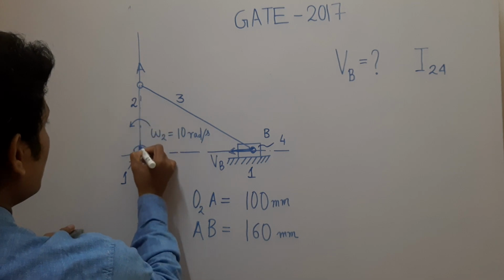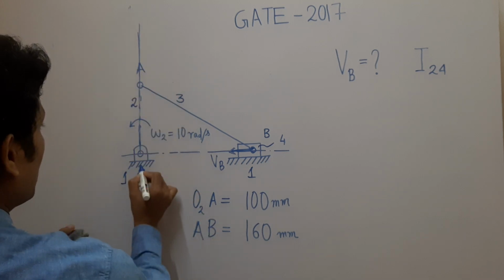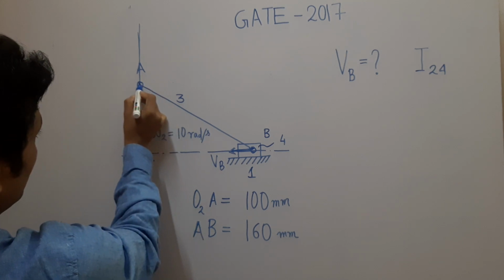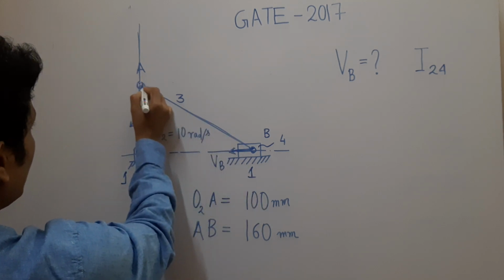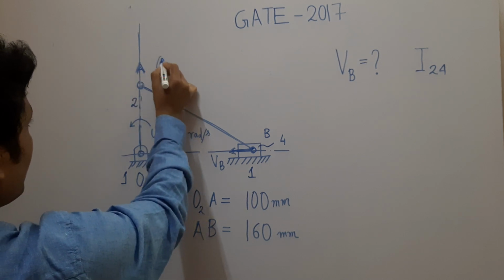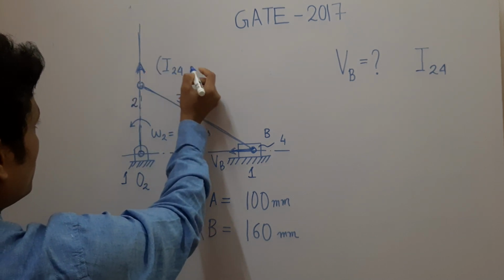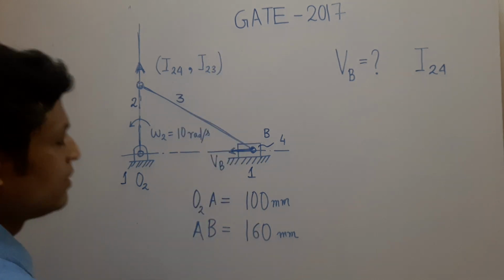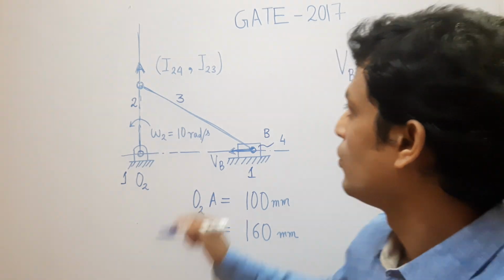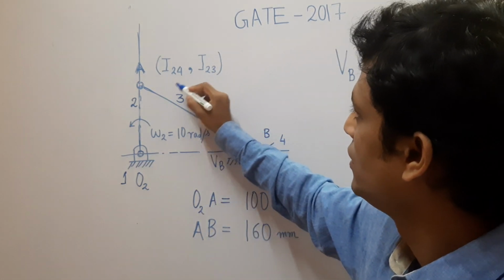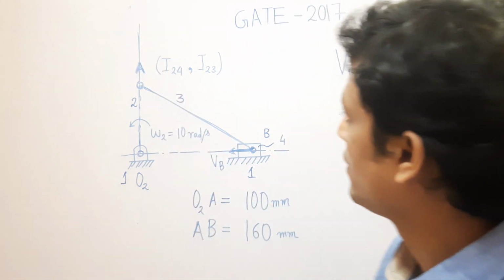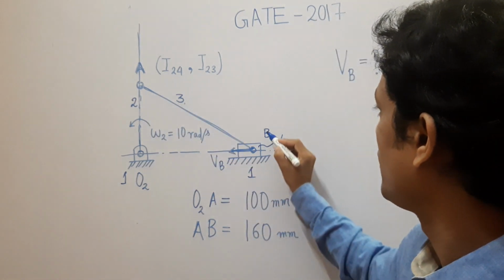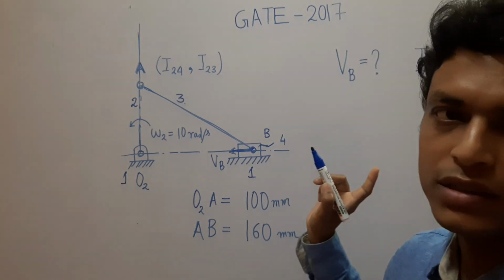I24 is the intersection of the perpendicular line from O2, which is nothing but O2A, and AB. So A is nothing but I24, and I23. So at this instant I23 and I24 locate at the same position. So at point A, link 2, 3 and 4 have the same velocity.